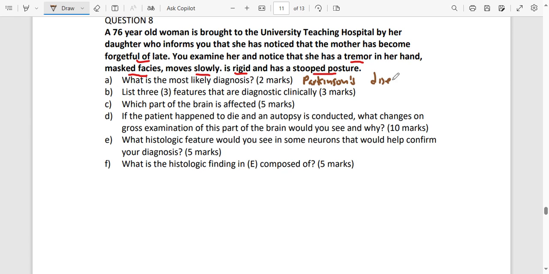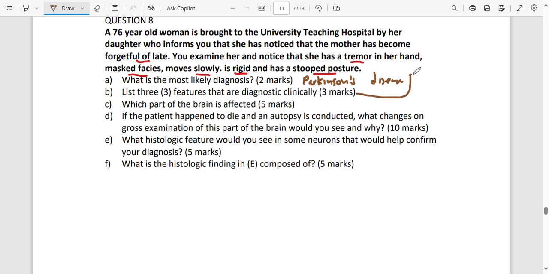PD. List three features that are diagnostic clinically. What are you going to look at? And then you'll be able to tell that this one has Parkinson's disease.